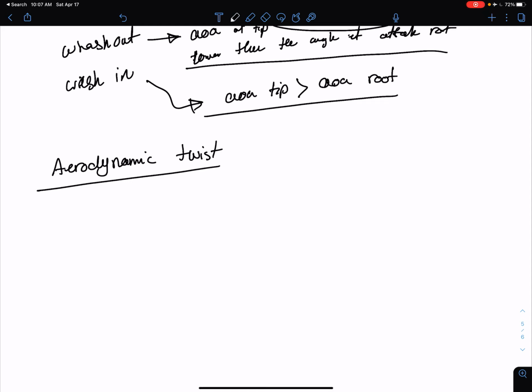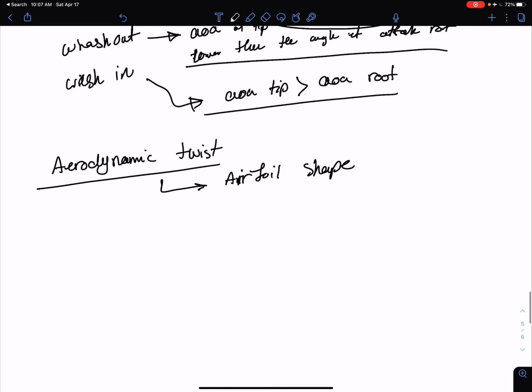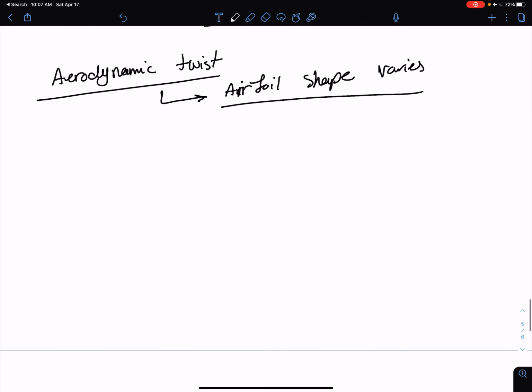talks about the fact that your airfoil shape may vary from the root to the tip. What does this mean? This essentially means that at your root you can have a NACA 2412.